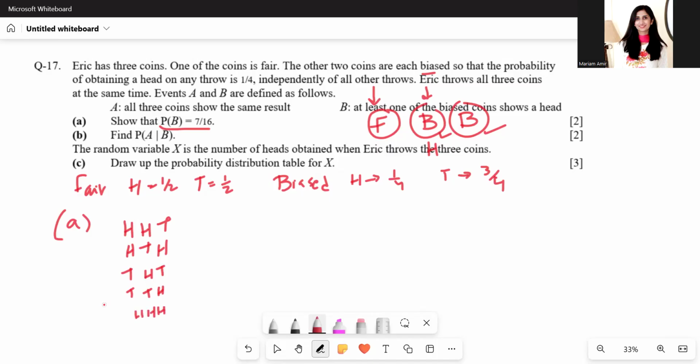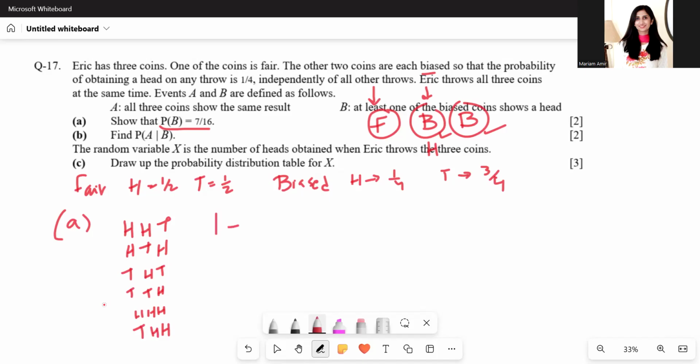So these are a lot of possibilities. In fact, I think I may have missed some. It could also be T, H, H. Yeah.